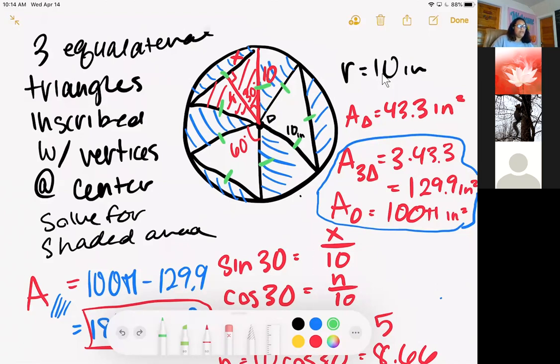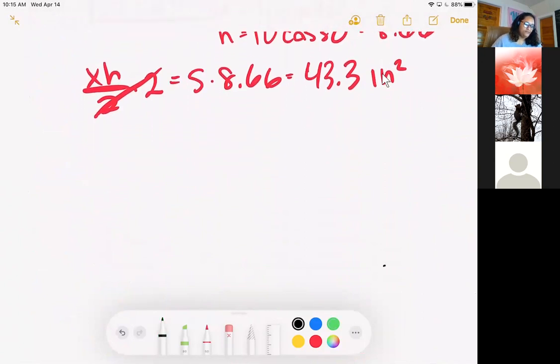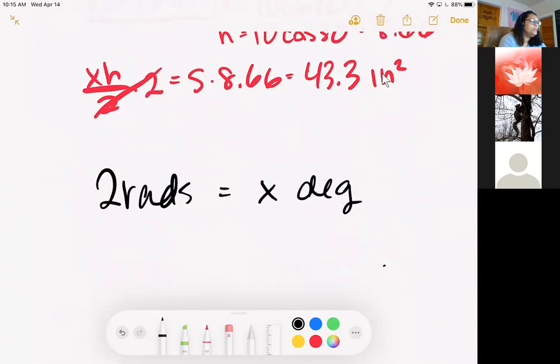I want to do a radian problem because I feel like we haven't done any of that. Let's see. 2 radians is equal to how many degrees? 360.